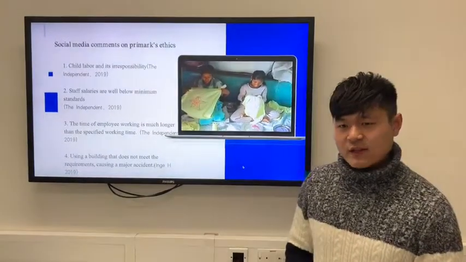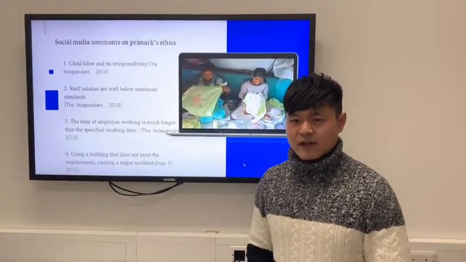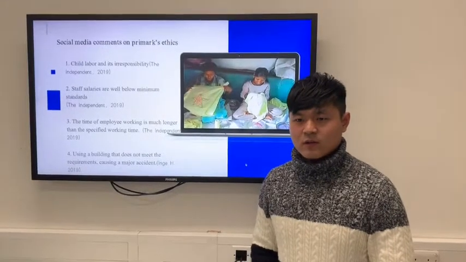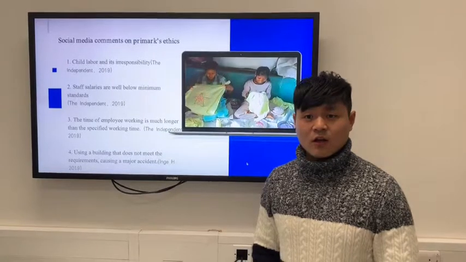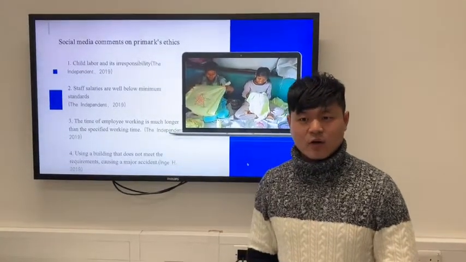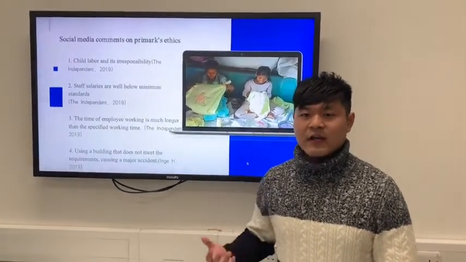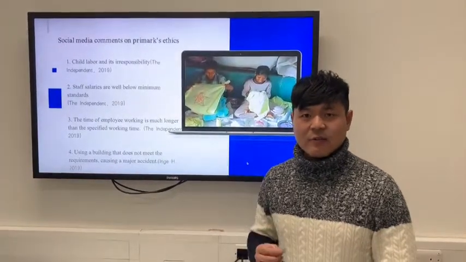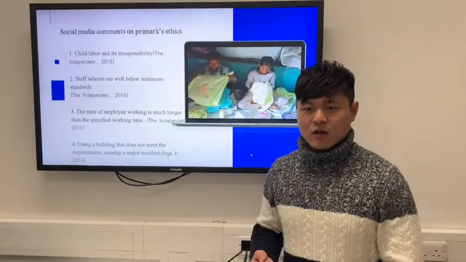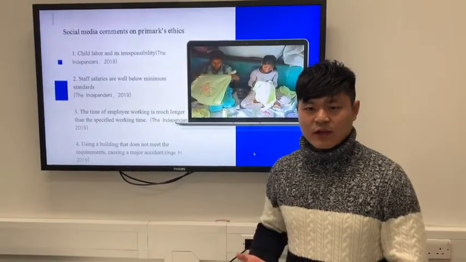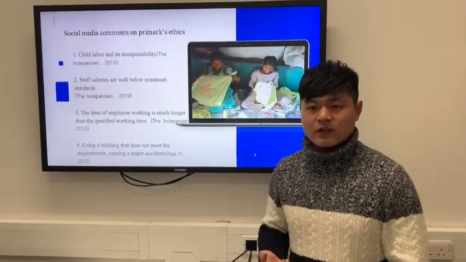In 2009, a UK supplier was discovered to be using illegal immigrants as labor and paying them less than minimum wage, and working conditions were also dangerous.